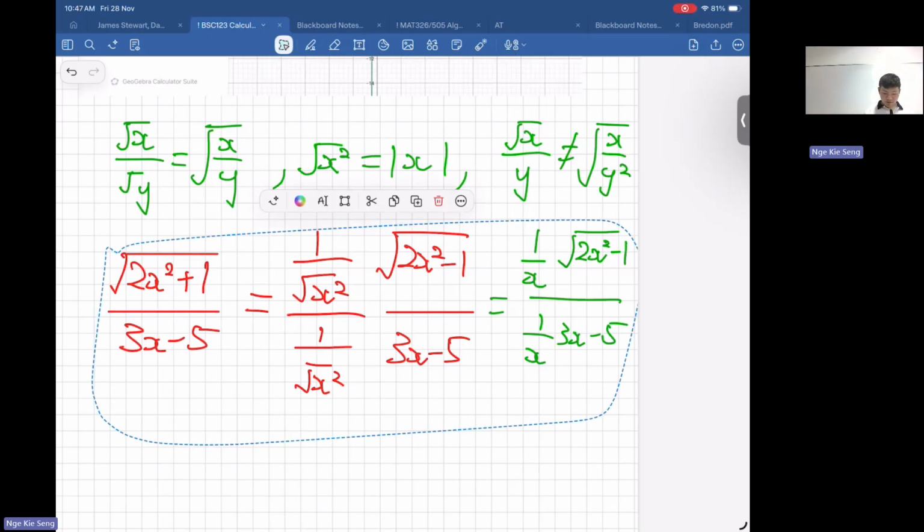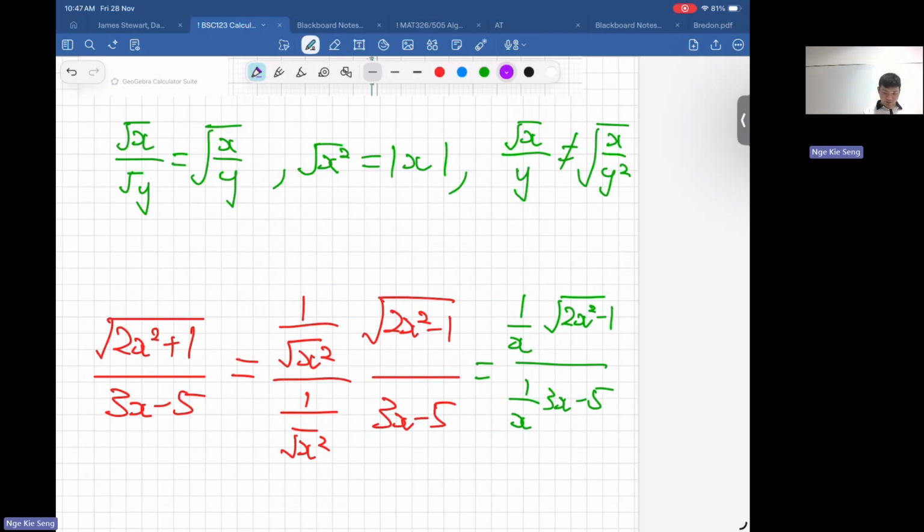For example, the square root of 2 over negative square root of 2 is negative 1, but it's not equal to the square root of 2 over 2, which is 1 on the other side.